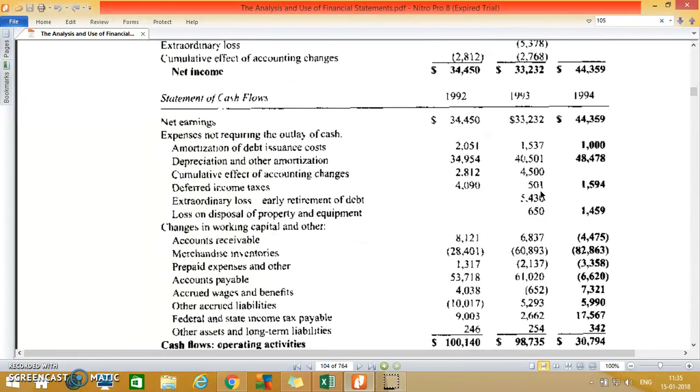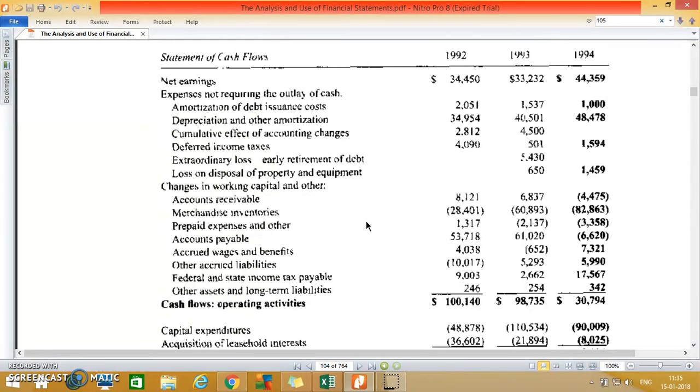What happens in the indirect method is that all the non-cash expenses are added back to the net earnings, and if there is any change in the working capital, that is also adjusted. The decrease in the working capital is added back because it generates cash, and any increase in the working capital is subtracted.